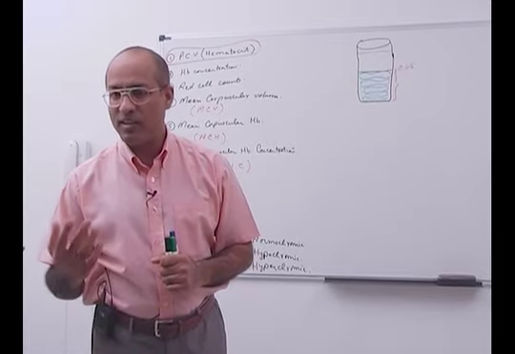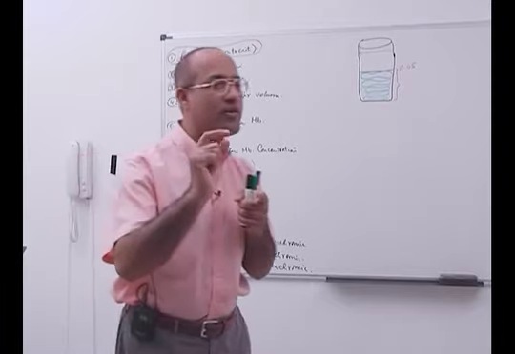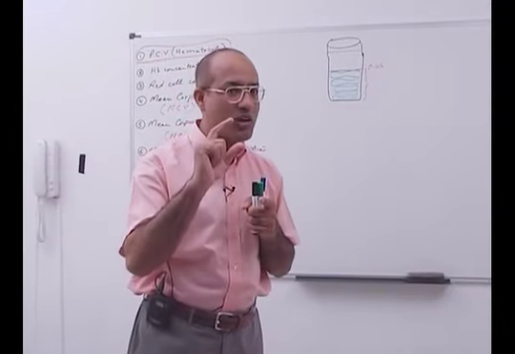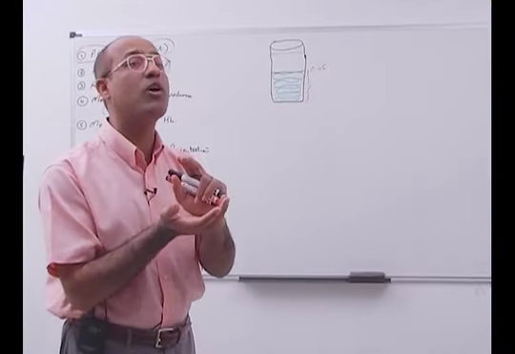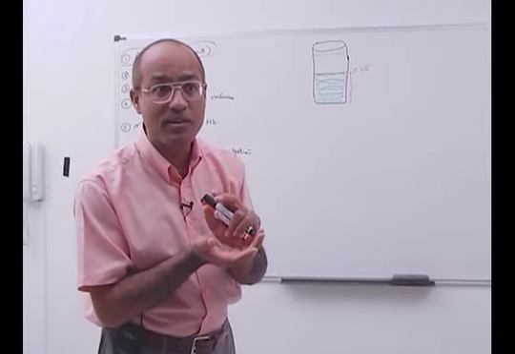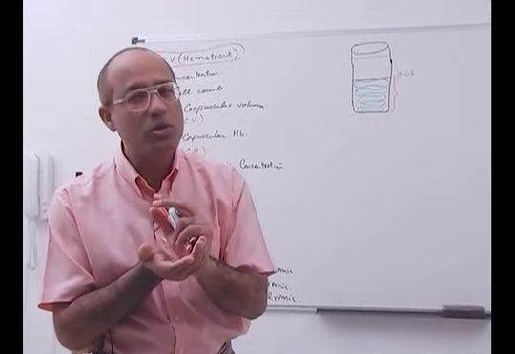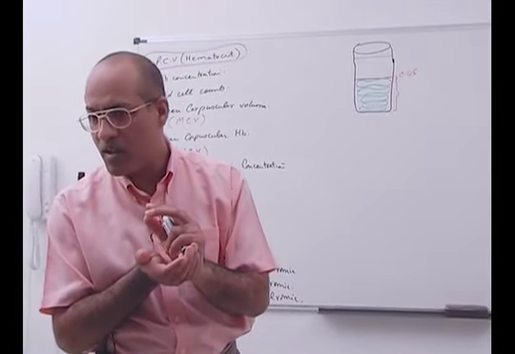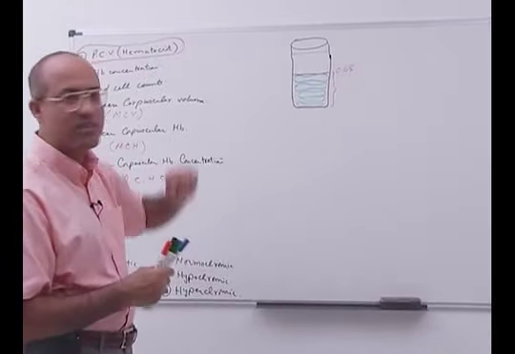Red cell count means that in 1 unit of blood, what is the number of RBCs? And of course, in 1 unit of the blood, whatever is the number of RBCs, they are put together making a volume which is called packed cell volume. Or we can reverse the statement, that within the packed cell volume, we should know the number of RBCs. Is that right? Now first normal, let's suppose our person is normal.